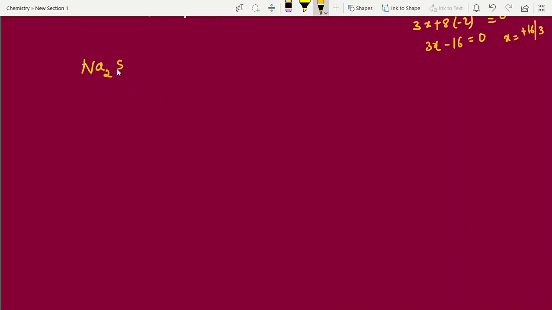Na2S4O6. Or else you can take it as H2S4O6. Both are same. See, I can show this one in expanded form. How many oxygens in our hand? So total is 6. I have written here another sulfur. Another sulfur also same story.